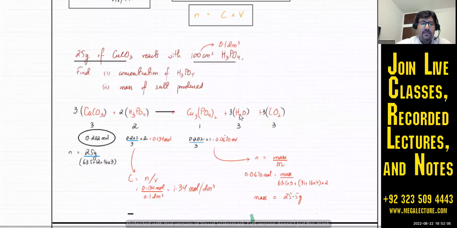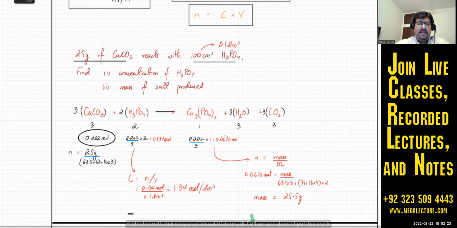I told you that 25 grams of copper carbonate reacts with 100 cm cube of phosphoric acid, and you're being asked to figure out the concentration and the mass of the salt produced. The main task when you're solving a moles question is that you might have an equation given to you. But the first task is that you figure out from the data the moles of any one of the substances.